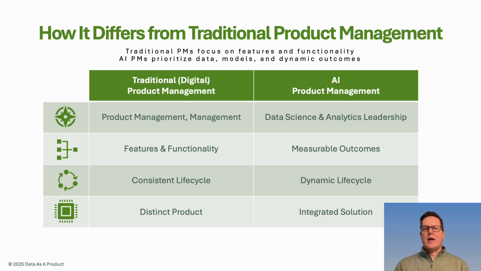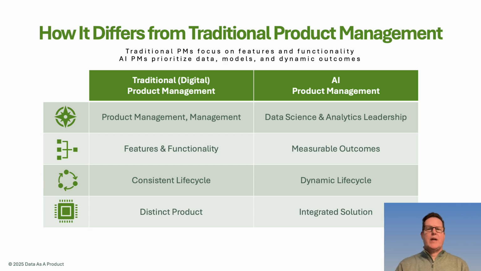Second, AI products are often integrated into traditional digital products. This means that you'll frequently collaborate with traditional product managers to ensure AI components enhance the overall user experience. For instance, an AI-powered chatbot might need to seamlessly integrate with a customer service platform.